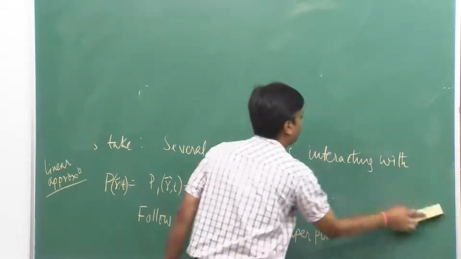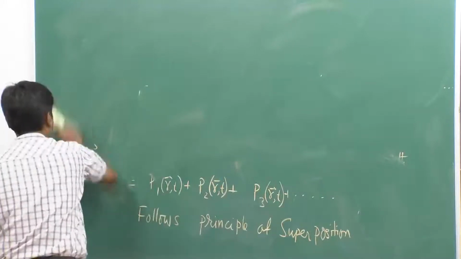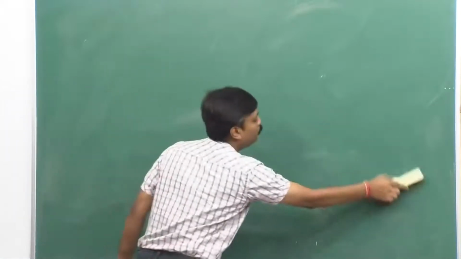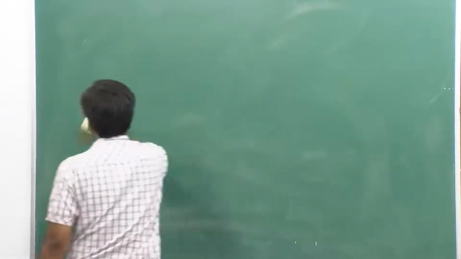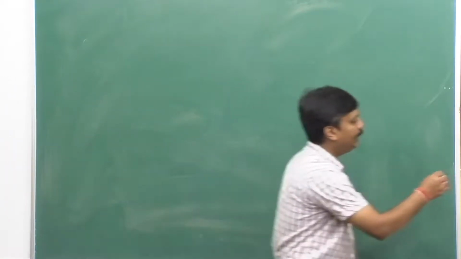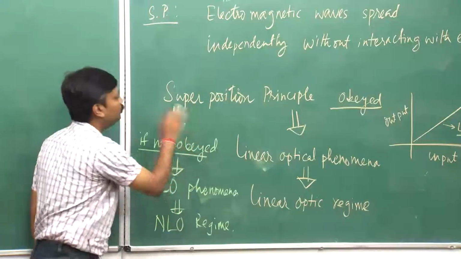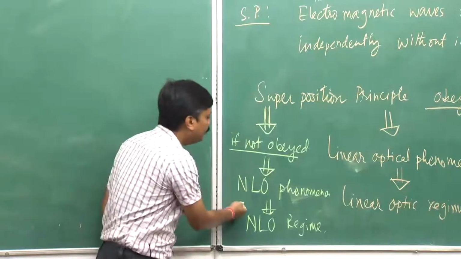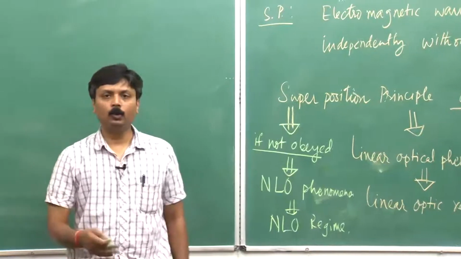We will give you just two brief examples. Okay. So, by the way, when it is not obeyed, then I am in the nonlinear optical regime.